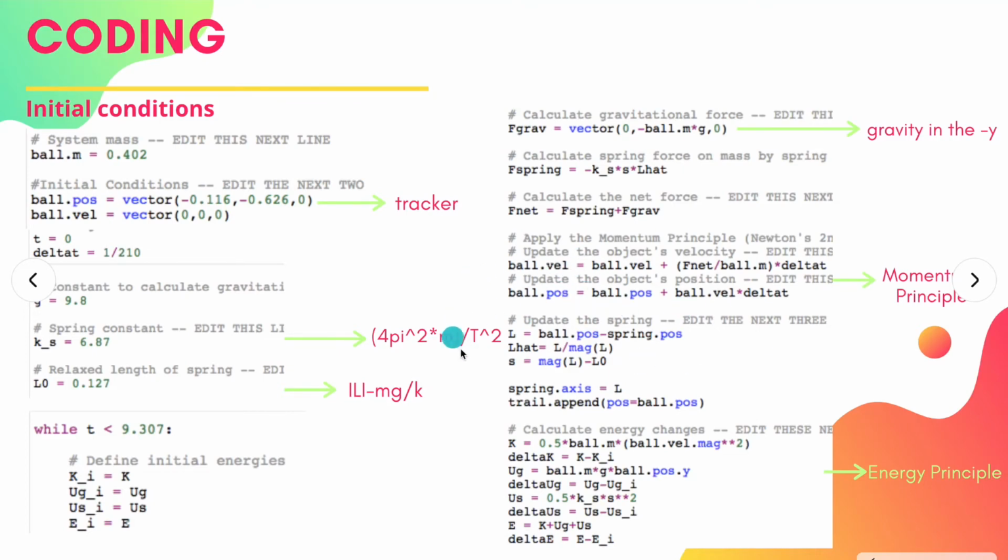And then we updated the spring position as it stretched and compressed throughout the motion. Finally, we use the energy principle to calculate delta kinetic energy, delta gravitational potential energy, and delta spring potential energy. And then we set total energy equal to the sum of all of these.